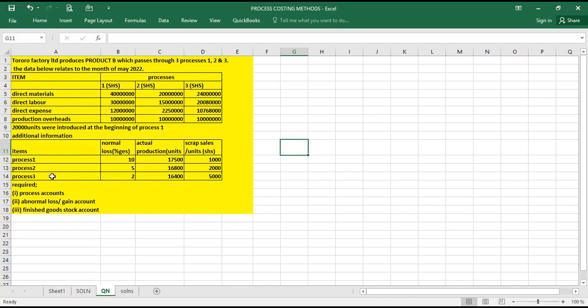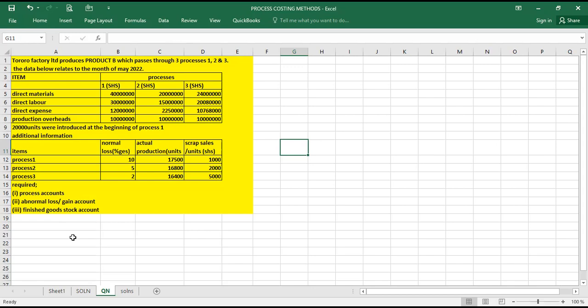We are seeing process 3 has a normal loss of 2%. Then we have actual production of 16,400 and the scrap units are sold at 5,000 each. Then the required is saying prepare process accounts.